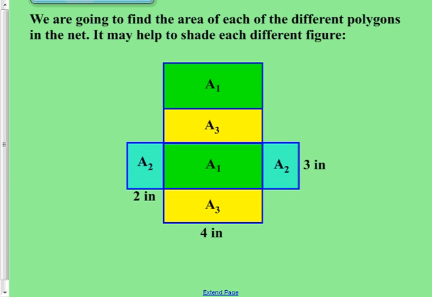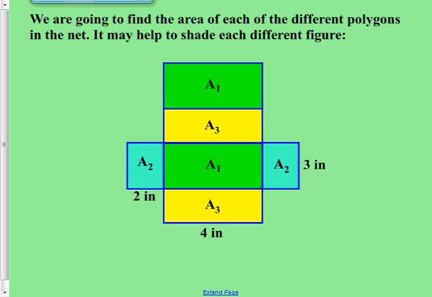Now, obviously, there are 6 polygons that were in our solid. If you're thinking, man, I have to find the area of each of these individual polygons separately and then add them all up, I'm going to be doing math all day long just to get my surface area done.